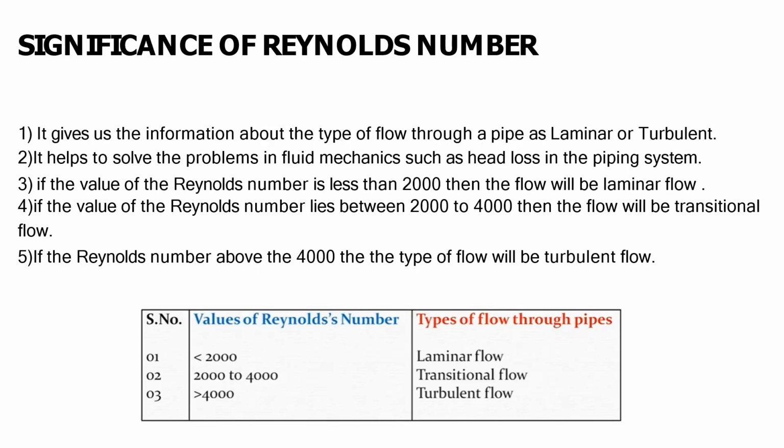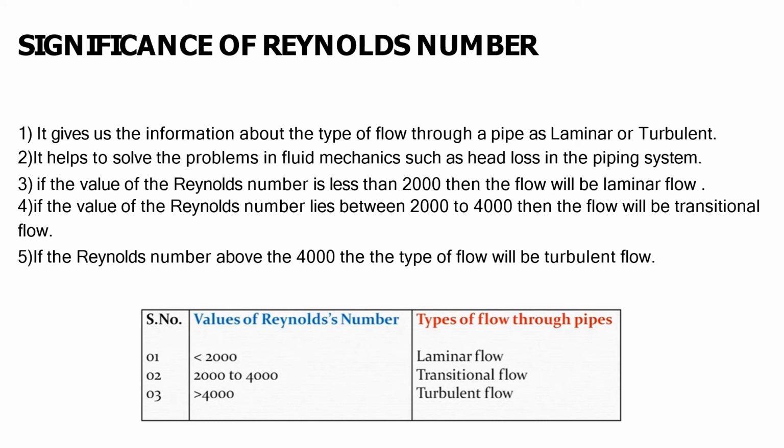And now we are going to discuss the significance of Reynolds number. Reynolds number gives us information about the type of flow through a pipe: laminar, turbulent or transitional. It also helps in solving problems in fluid mechanics such as head loss in a piping system. If the value of the Reynolds number is less than 2000, the flow is laminar.